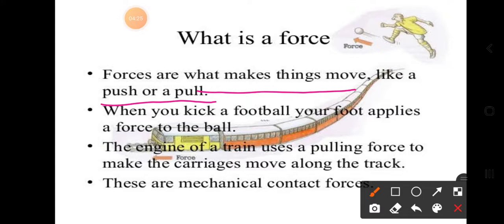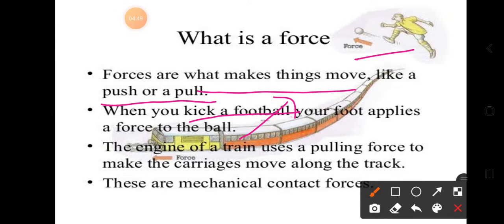The action of push and pull on a body or an object allows the objects to move from one place to another place. For example, when you are kicking a football, the force of your foot is applied on the ball, so that the football moves from one place to another place.